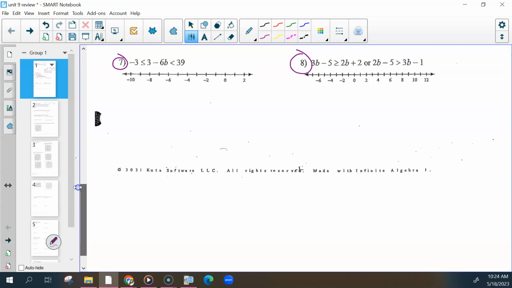So get rid of everything else by starting off by subtracting everything by 3. And then after we have that, get b by itself by dividing everything by -6.